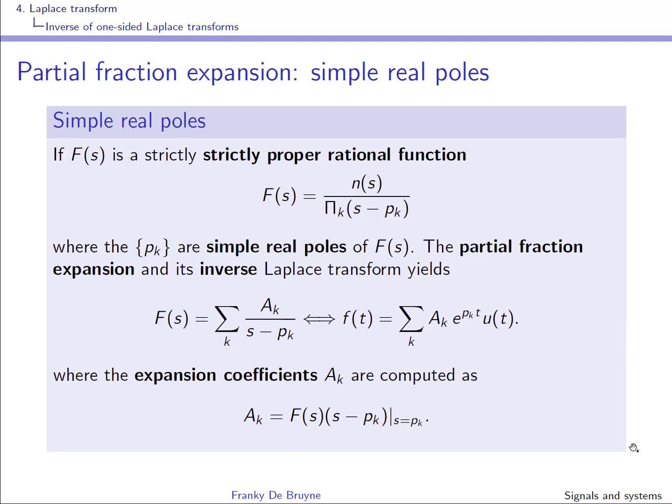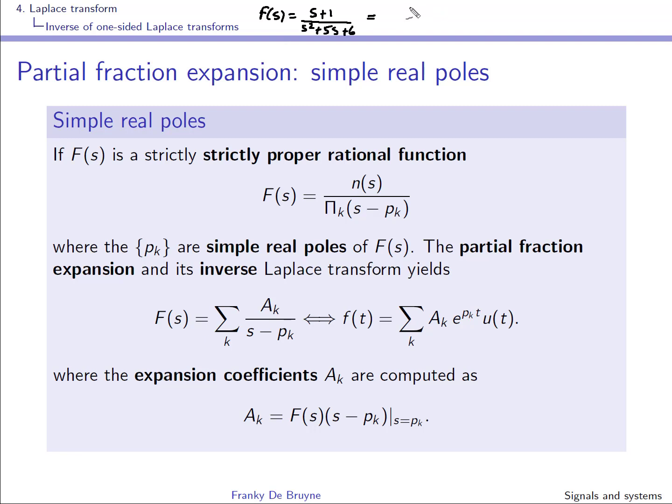Well, let us take an example, and we'll take the following example. F of s is equal to (s plus 1) divided by (s squared plus 5s plus 6). So the first thing that you have to do is, of course, factor the denominator.